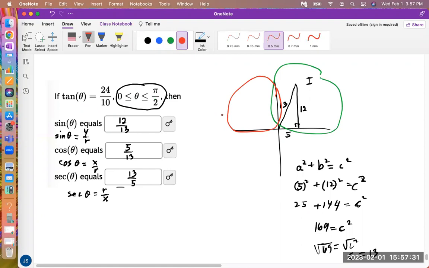And so sometimes I just do all my calculations, just focus on the triangle. And then I think about, okay, well, sine or cosine is going to be negative in a certain quadrant, and then I would have to correct the signs and everything. But for any angle in the first quadrant, it would form a triangle in that first quadrant, and all your trig functions are going to be positive. So we know these answers are positive.